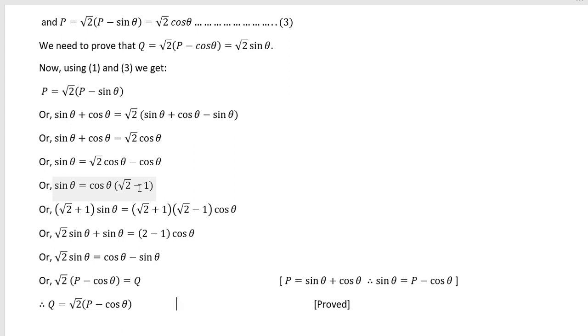Like root 2 minus root 1, its conjugate is root 2 plus root 1. If you change the sign in the middle, you will get the conjugate term. So here we have root 2 minus root 1, and we multiply by root 2 plus root 1 on both sides.